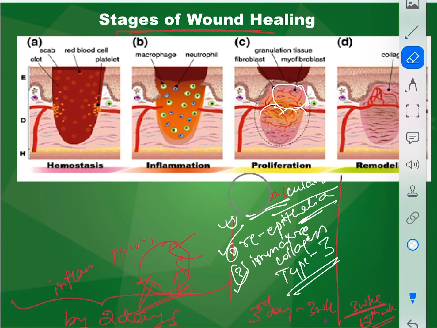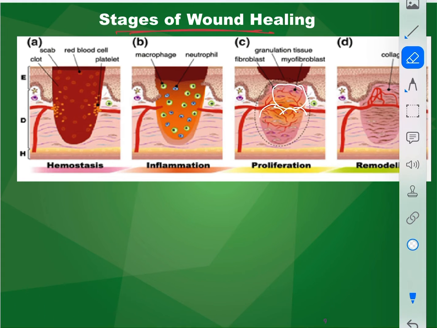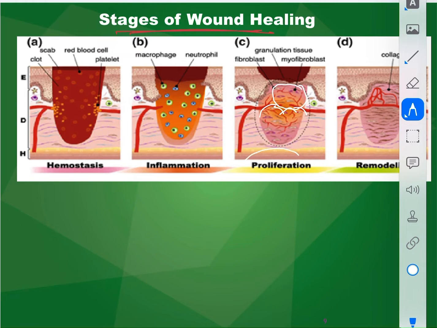Okay, let's go to the final step, which is the phase of remodeling. Phase of remodeling basically means that the immature collagen that was formed during the phase of proliferation now gets converted to the mature collagen.